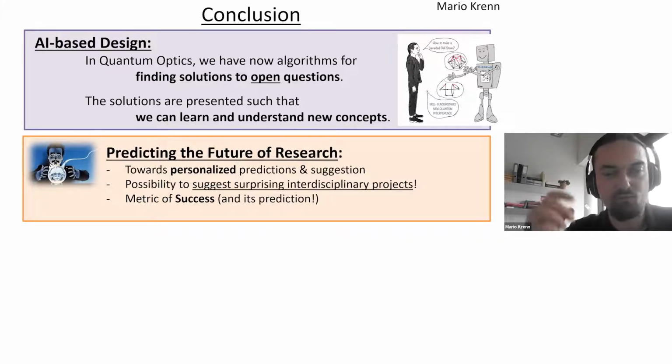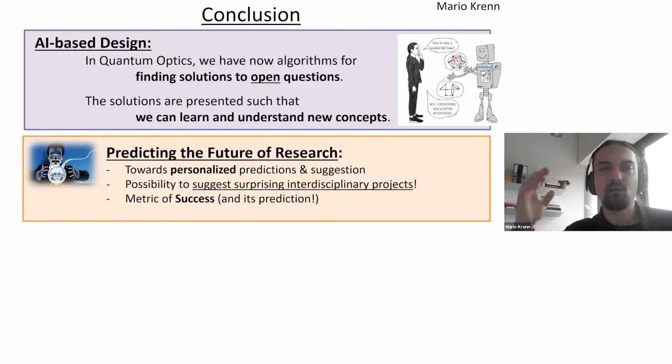Imagine you have a friend that works in some field that you don't know anything about, and your friend doesn't know anything about your field. Then you just put your two research interests into this machine, and it suggests the most reasonable thing that you two should work on that has not been worked on together. So that would be really cool if that works.